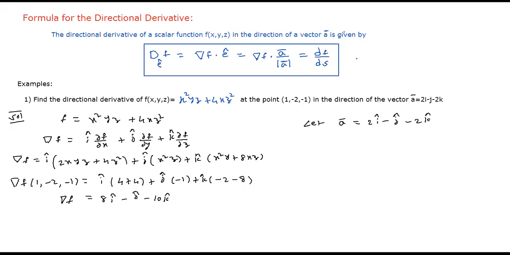Then what is e cap? So I think we can directly substitute in this formula. So what is df by ds?